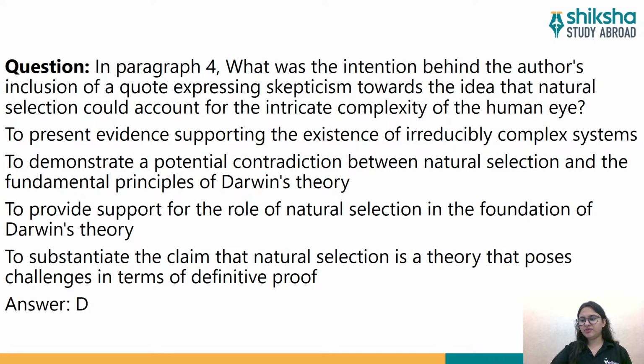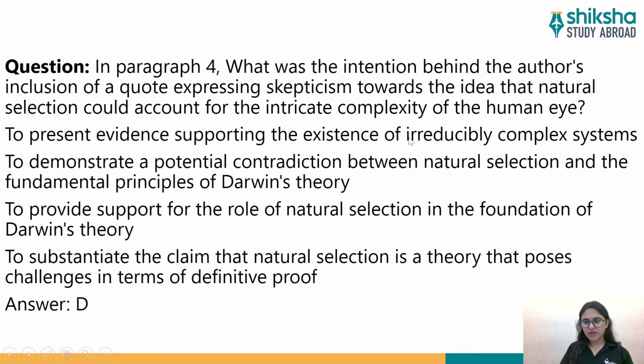The question will be like, in paragraph 4, what was the intention behind the author's inclusion of a quote expressing skepticism towards the idea that natural selection could account for the intricate complexity of the human eye? Now, this can be a very huge sentence to read and understand. No worries.